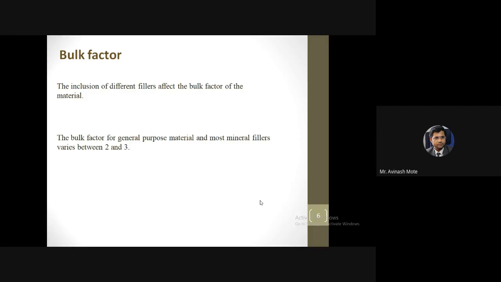This bulk factor we have studied in the last lecture also. See, apart from plain pure raw material, if we are manufacturing a PVC component, polyvinyl chloride component, we should not have only pure PVC raw material, we are going to add filler materials.